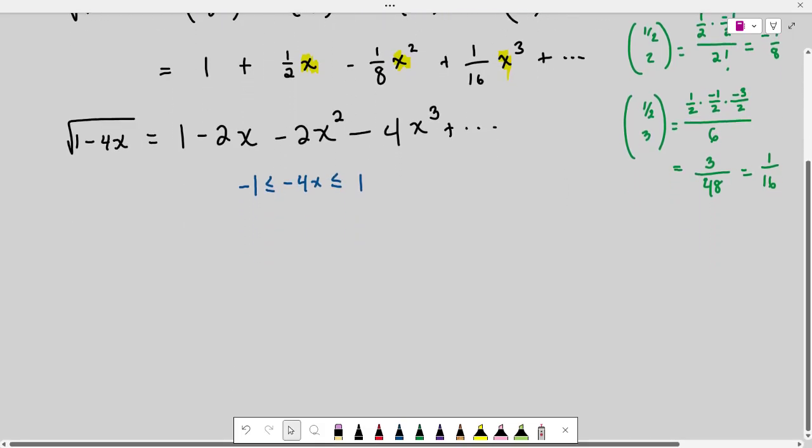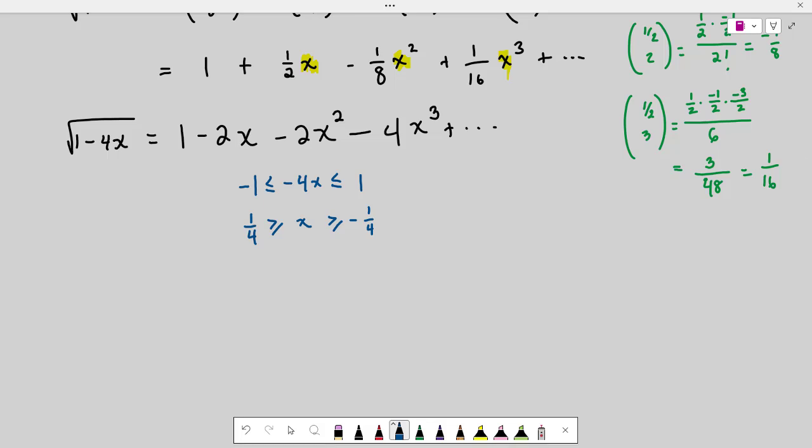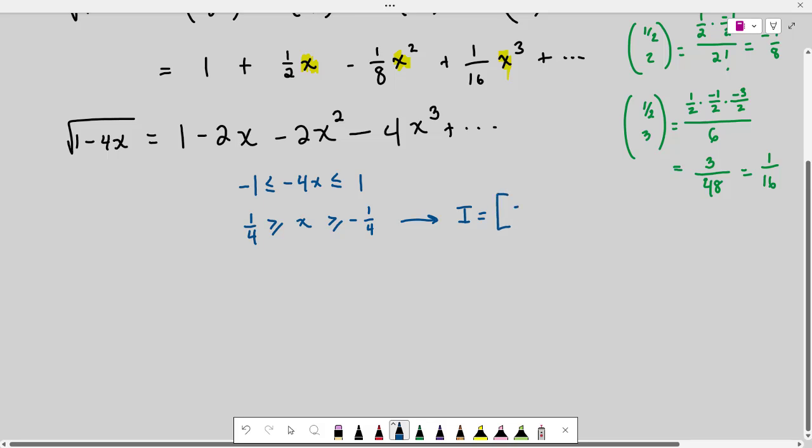So we divide by negative 4. When you divide by a negative, you switch the inequalities. And so this tells us that our interval of convergence is negative 1/4 to 1/4, including the endpoints.